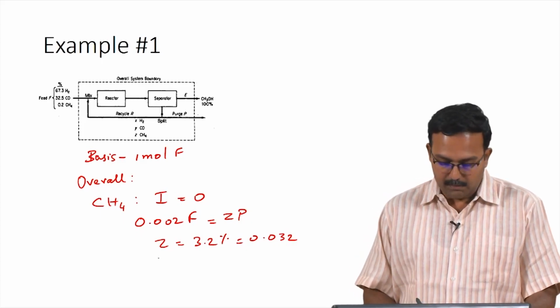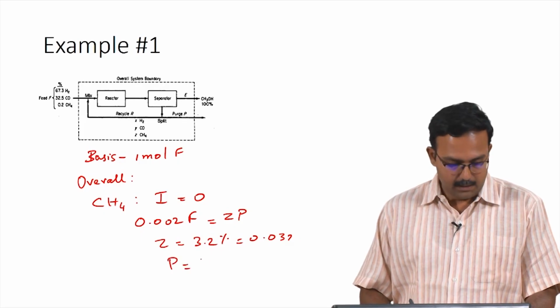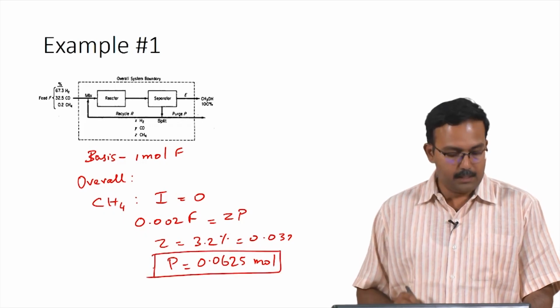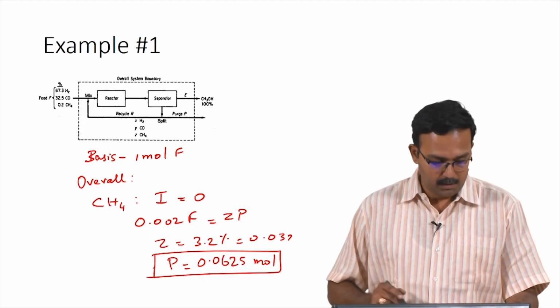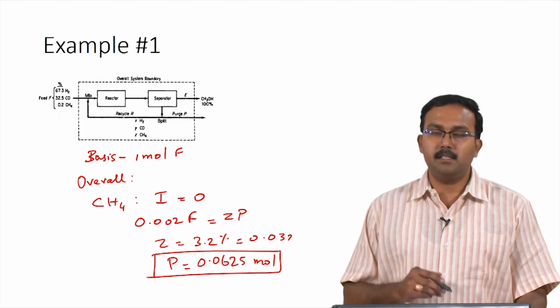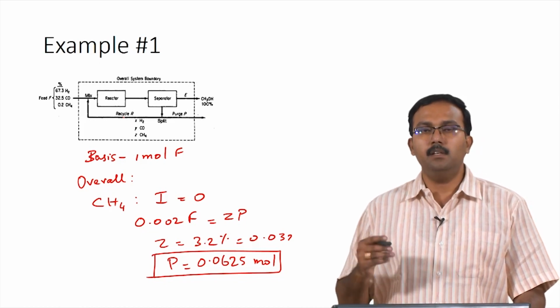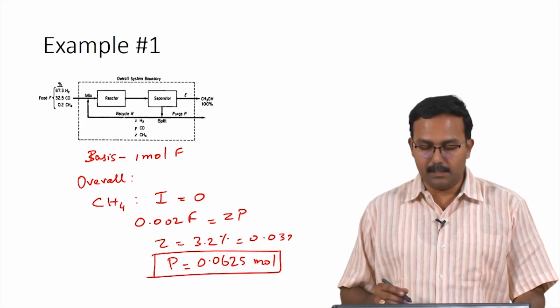So substituting these values, we can get the value of P as 0.0625 moles. So this is the purge stream which is being purged from the system. Now to calculate the composition of the recycle stream and the moles of the recycle stream, we can write balances for the elements. So we can write the carbon, hydrogen and oxygen balances.